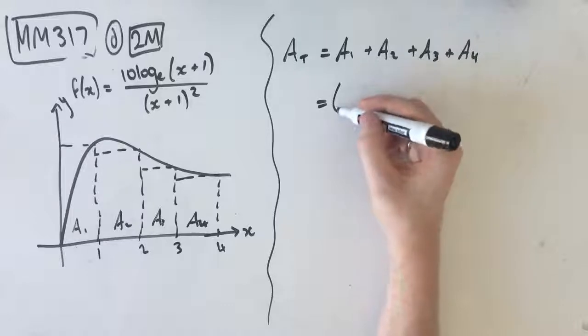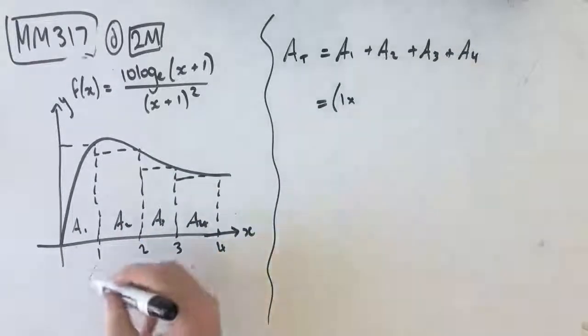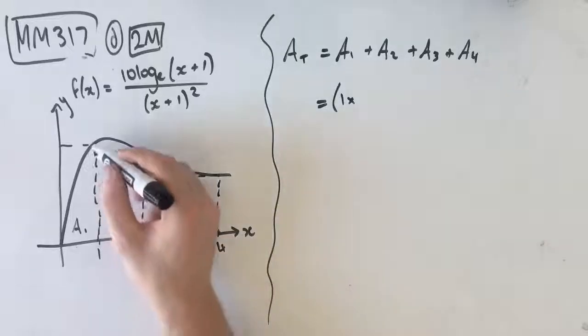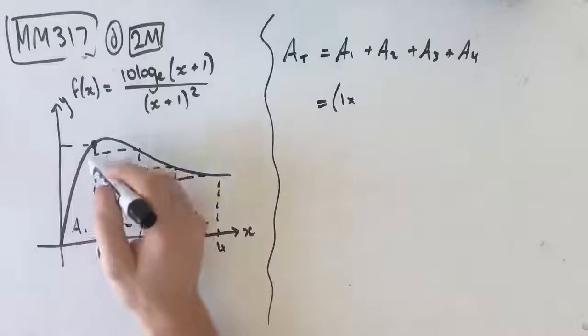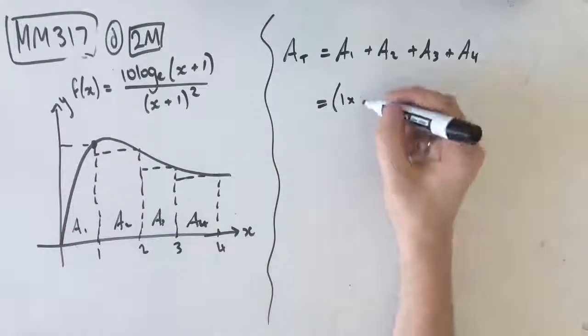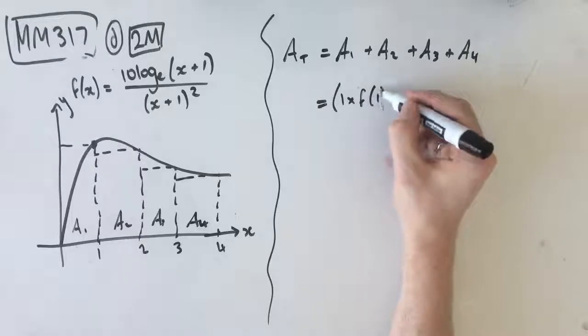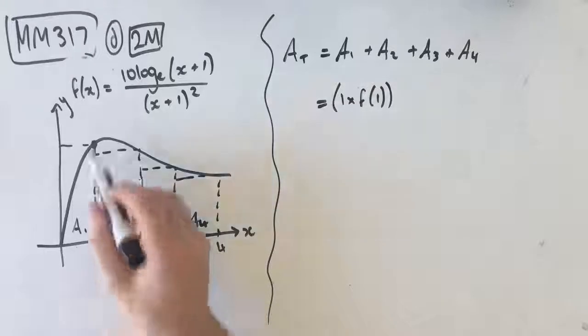So for each one of these, we have length times width, right? So 1 times our length, which is the y value of this function at that point. So at x equals 1, that's the y value of this rectangle here. So 1 times f(1).